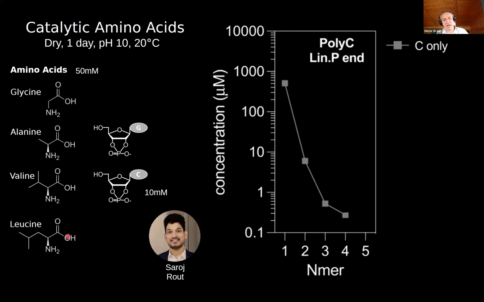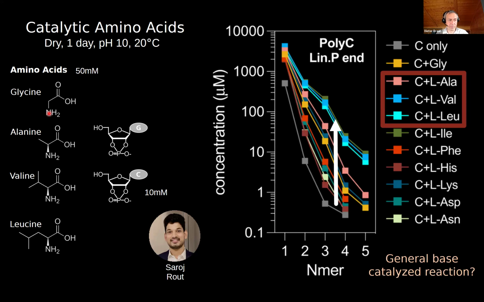And if you add these amino acids at this pH, where this amine group is known to have a pK, what we see is a strong enhancement of the polymerization. So I think we do know the mechanism behind it, and we are writing this up, but we try to prove that it might be general-base catalysis, which would be actually very nice.